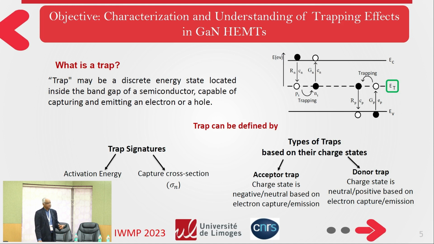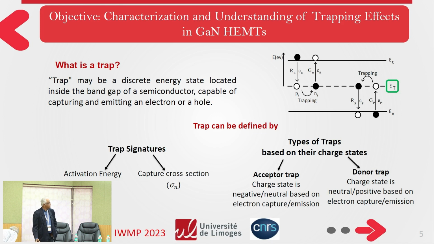Trapping and detrapping mechanisms can be analyzed with Shockley-Read-Hall statistics. Based on the charge state, an acceptor trap is negatively charged if it is occupied by an electron, or otherwise neutral.